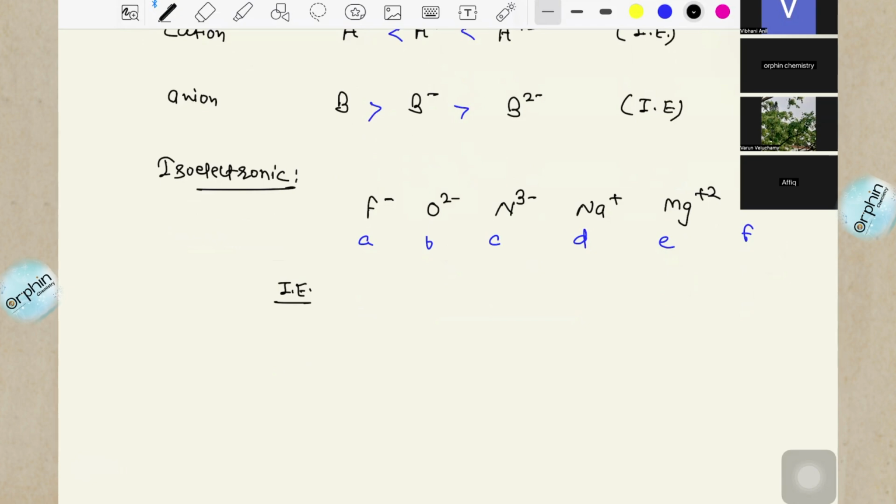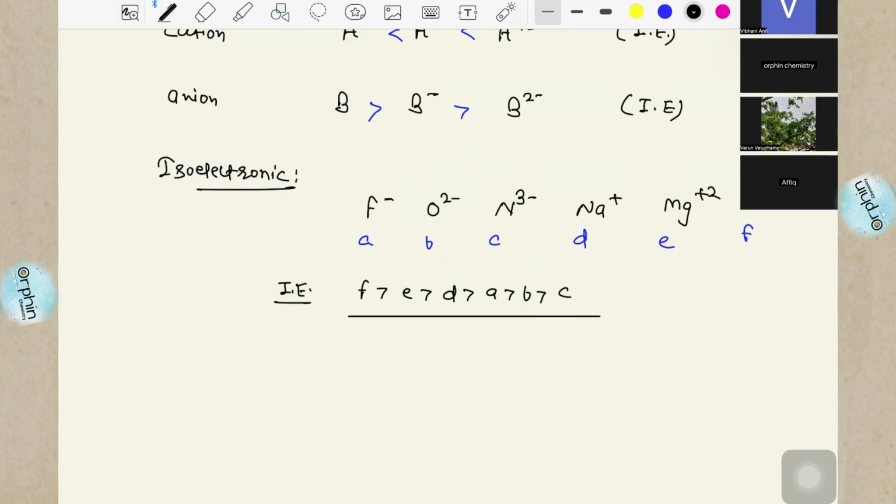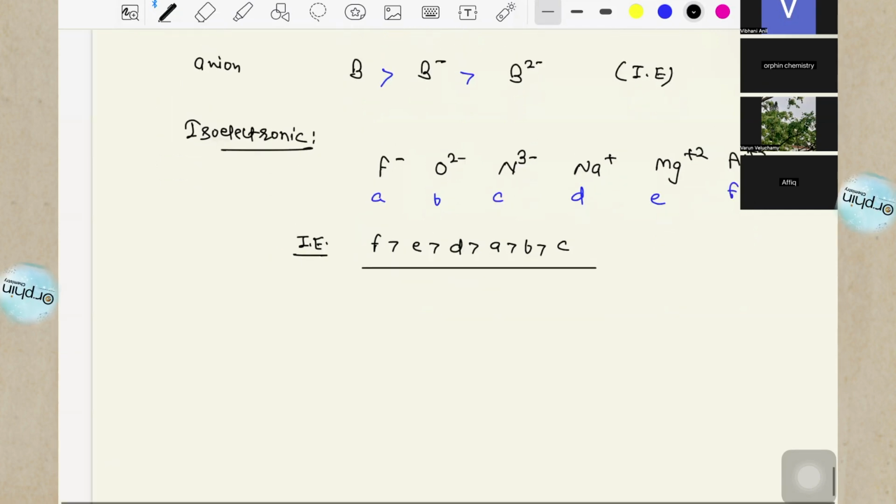Sir, so Al3 plus, then Mg2 plus, then Na plus, F minus, then O2 minus, then N3 minus. Yes. But beta, every time we do not get a second chance, right? In the exam paper, we have to write the correct answer. So this is the correct order. Have you understood it, Varun? Yes, sir, I understood.